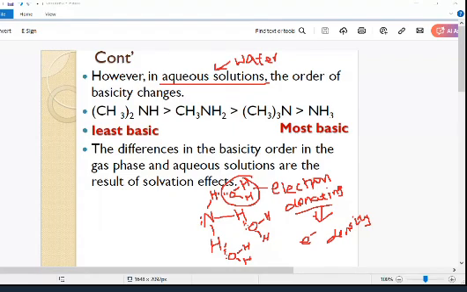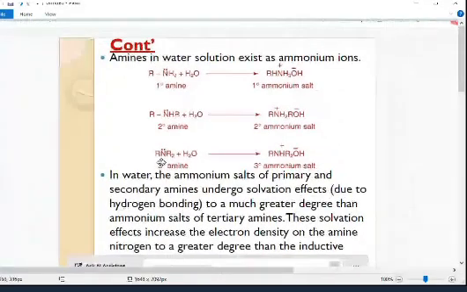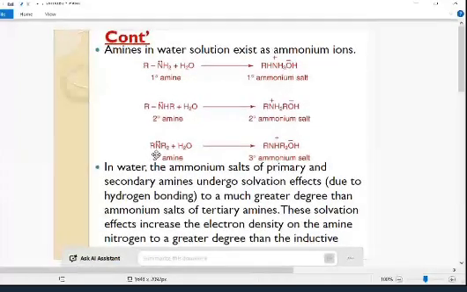That explanation is stated here, and I'm hoping that you can understand now from that point of view that the amines in water solution exist as ammonium ions.